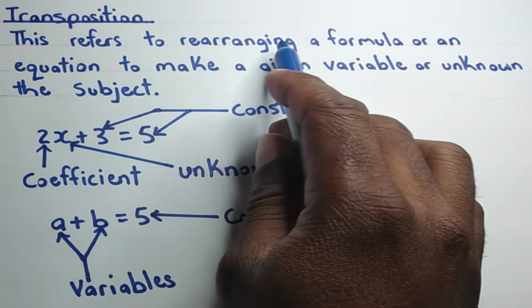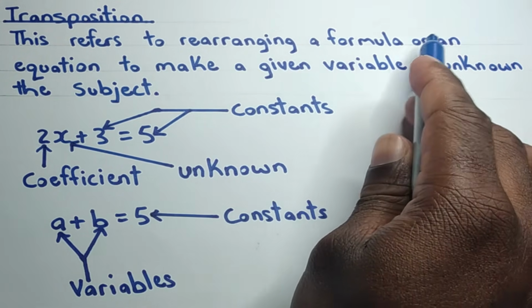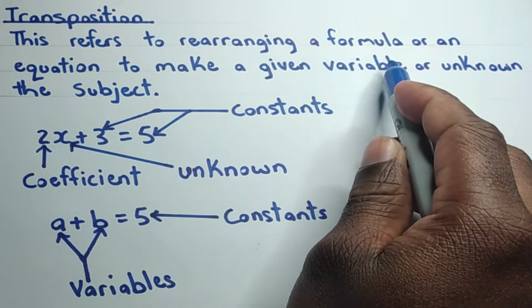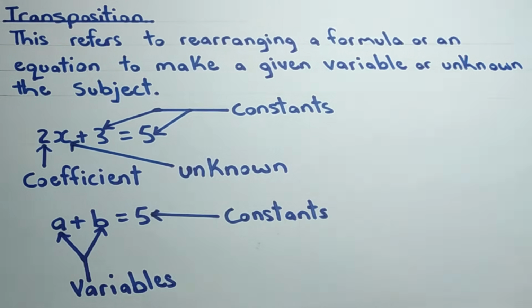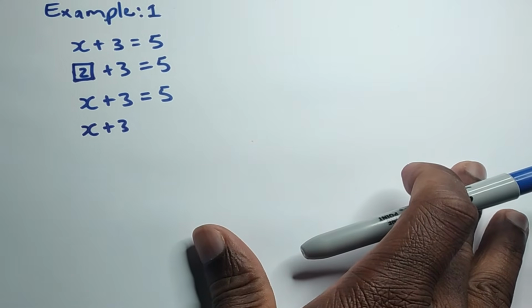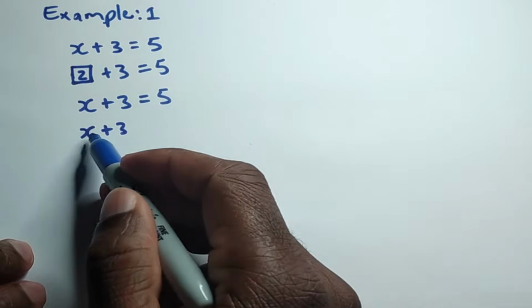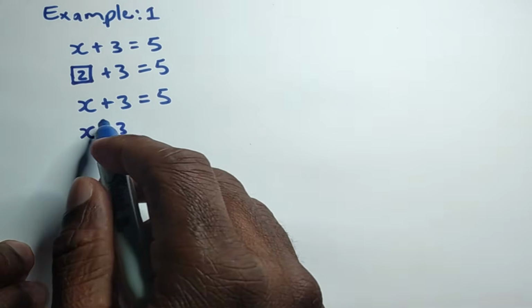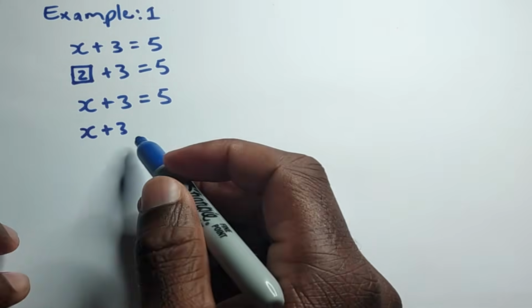This simply refers to rearranging a formula or an equation to make a given variable or unknown the subject. Now we are going to get a better understanding of that right now. So what we want to do here is to make x the subject. That simply means we want x on one side of the equal sign by itself.